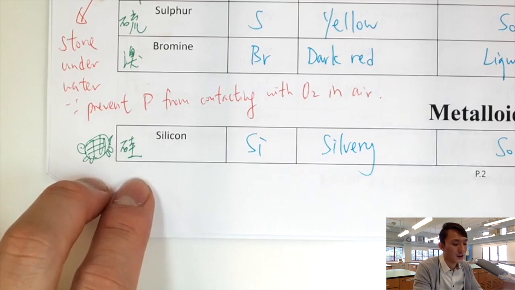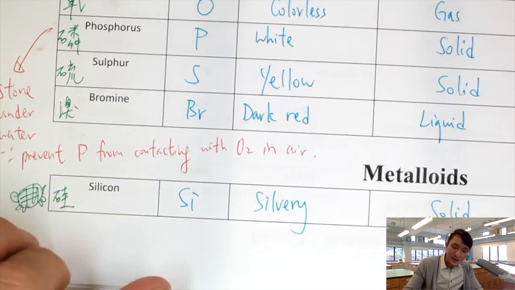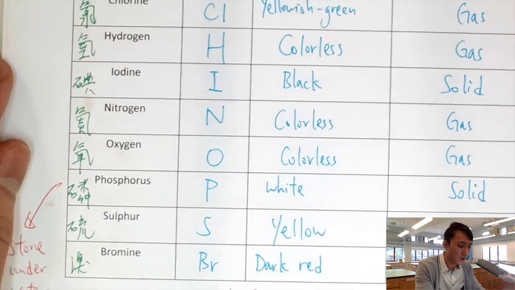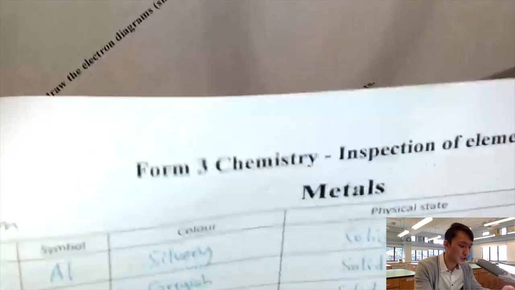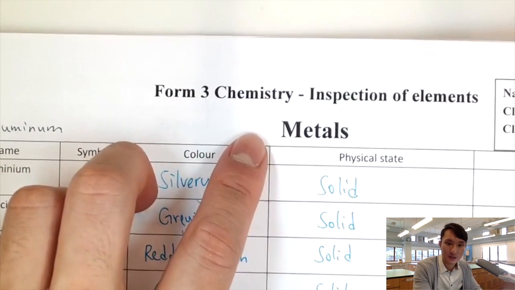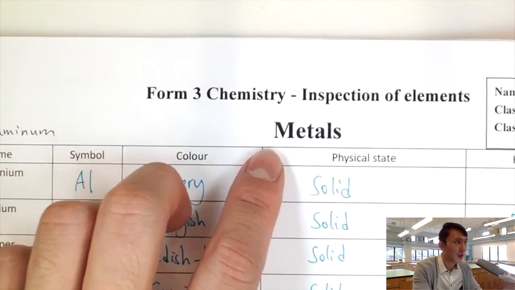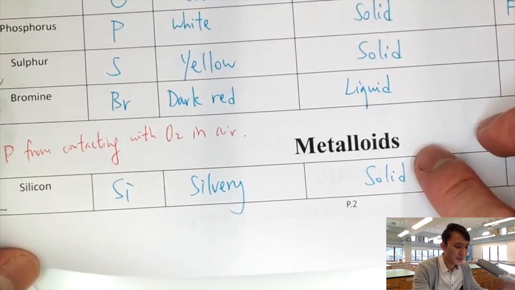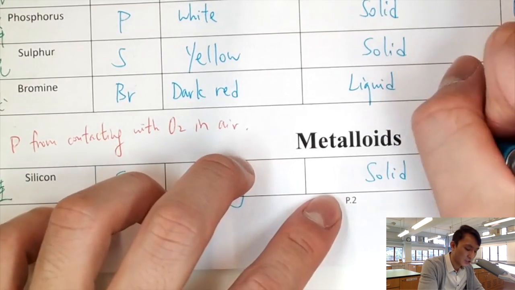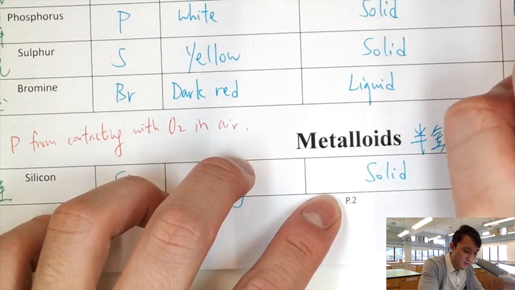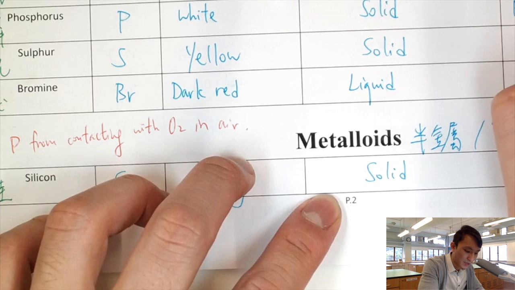Guai, all right? Now, after knowing all these elements, there are a couple of remarks before we end today's lesson. First of all, you notice we have classified them into 3 types of elements: metals, nonmetals, and metalloids. Now, the Chinese name for metalloid is written like this, or sometimes we write it this way.